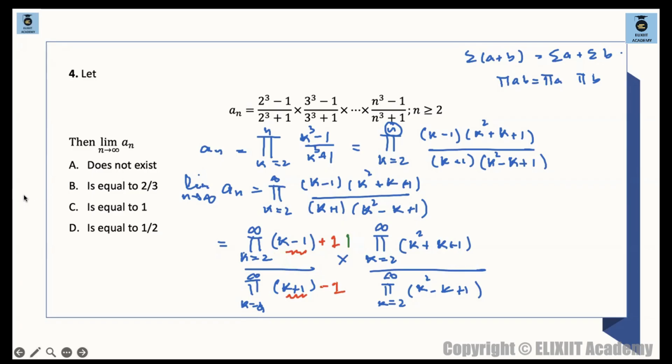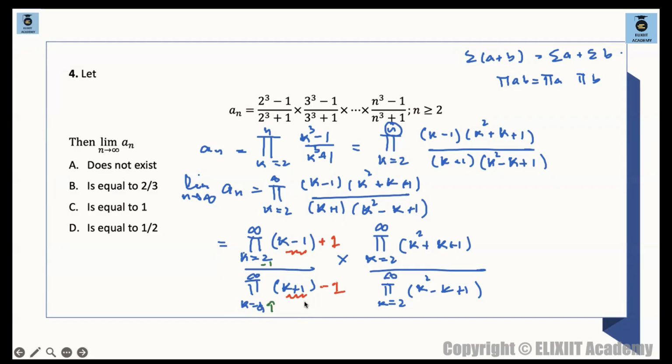Likewise over here, you are increasing by 1, so you will decrease the limit by 1. Here you are decreasing by 1, so you will increase the limit by 1.